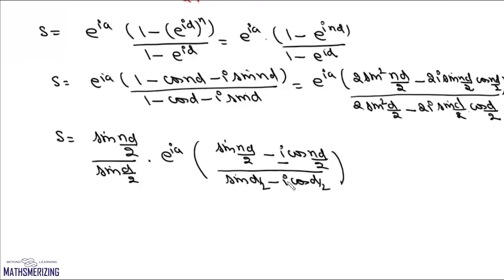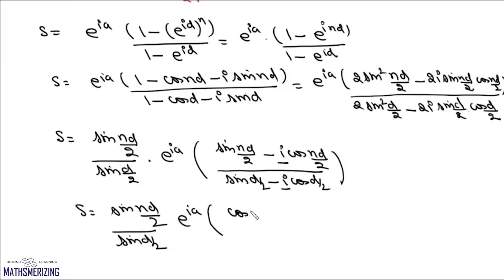Now here what we'll also do is we'll take minus iota common from the numerator, and we'll take minus iota common from the denominator. So minus iota and minus iota will cancel. So we can write this as sine n d by 2 upon sine d by 2 e to the power iota a, and if we'll take minus iota common, we'll write the cos term first. So it'll be cos n d by 2, and then this is iota to the power 4.